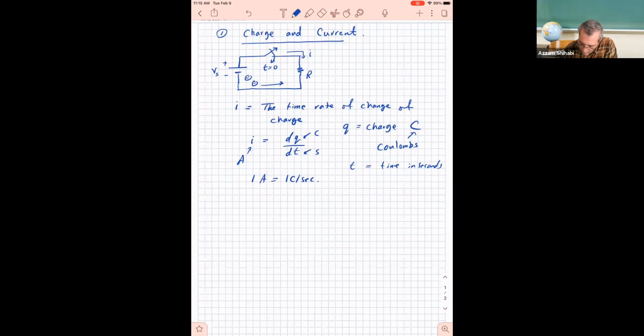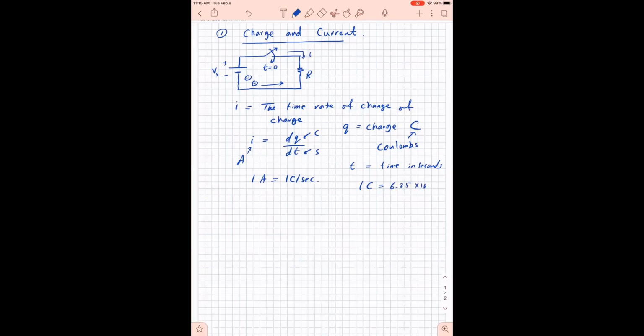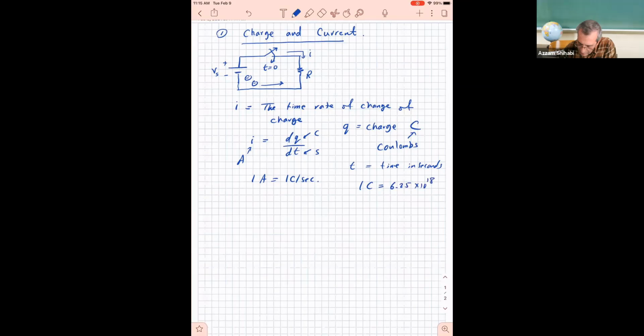One coulomb is 6.25 times 10 to the 18 electrons. Or you can say 1 electron has a charge that is 1.6 times 10 to the negative 19 coulomb.